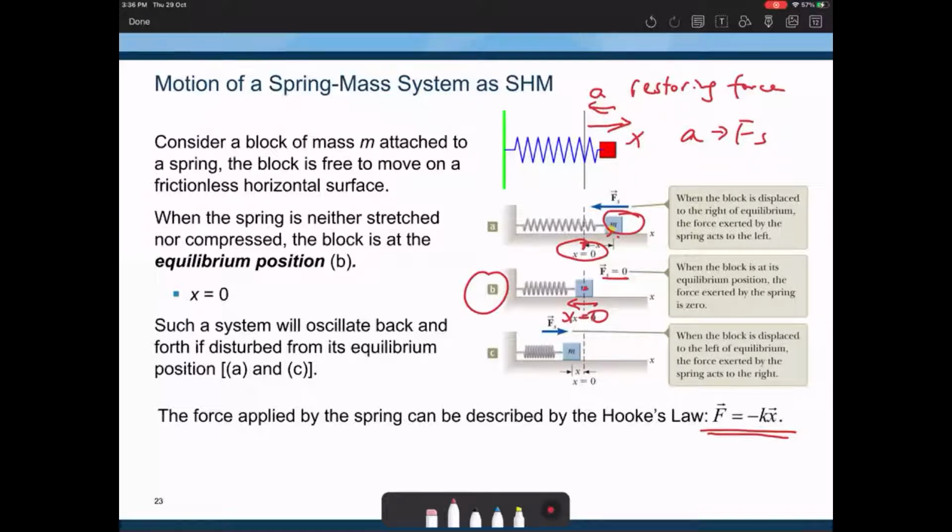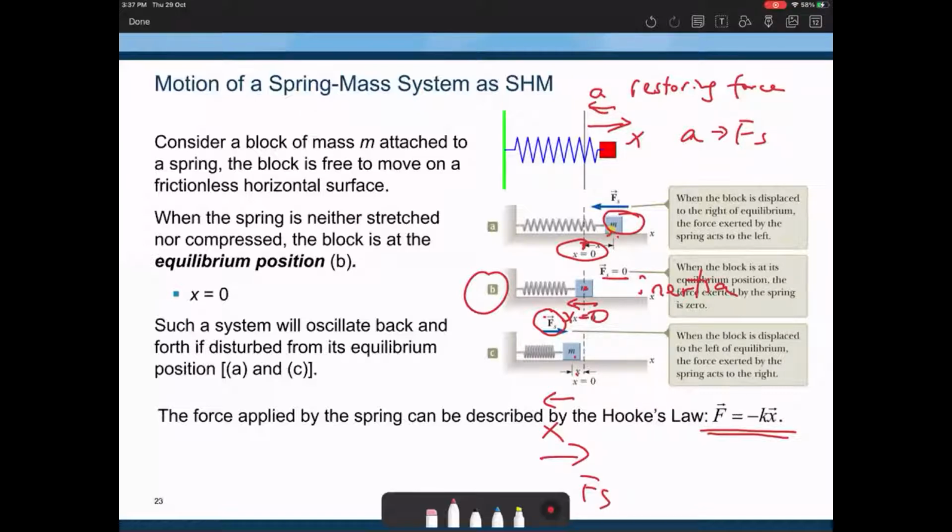And because of inertia, the particle would keep on moving and overshoot the equilibrium position. Finally, it would move to the negative x direction, where the spring would be compressed, and it would provide a force that is once again opposite to the direction of the particle displacement.